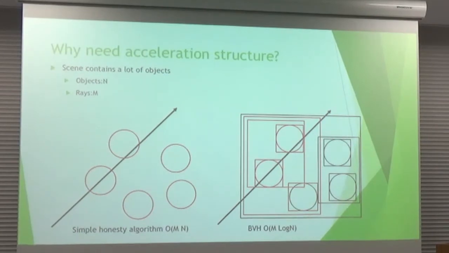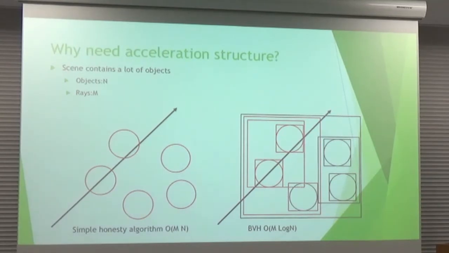Why do we need an acceleration structure? Typical scenes contain a lot of objects. For example, assume the scene contains n objects and we need to cast m rays to render it with a, honestly, not smart method.